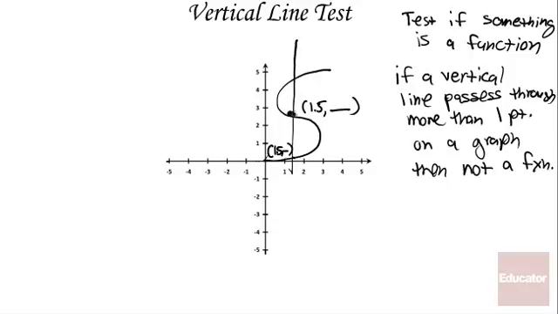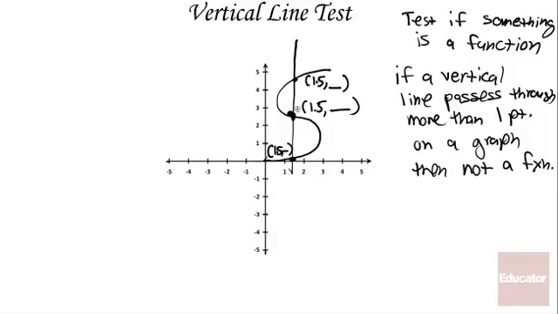I go up here to where my vertical line crossed, and I see again x is at 1.5, and I've got another value for y, say 4.5. So the situation I'm ending up with is that I have x is 1.5, and there's a y value.